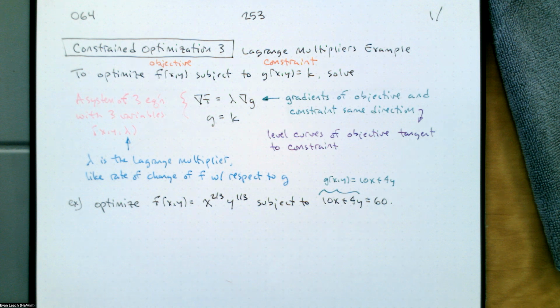The interesting thing about this is that x and y are inversely proportional. We would say y is inversely proportional to some power of x. That's what's going on in this equation.